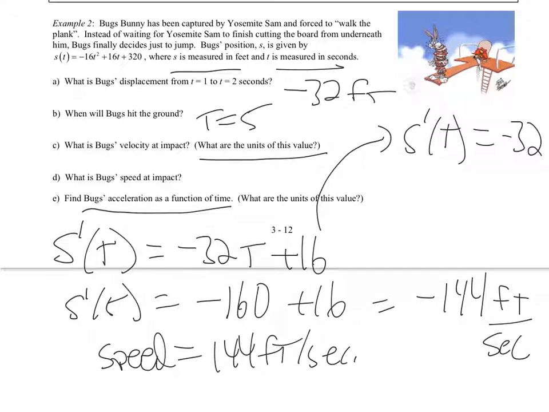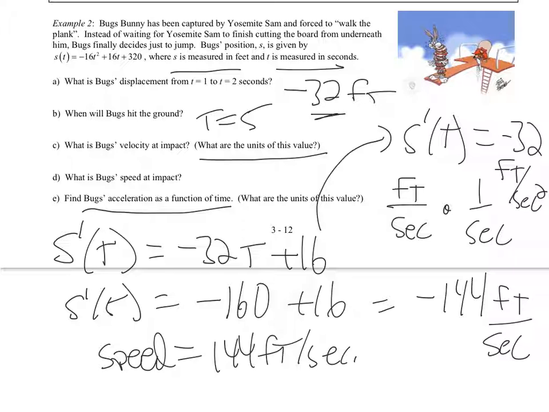Well, we took the derivative with respect to time, so originally it was feet per second, and now we're taking the derivative of that again per second. So feet per second squared is the unit here, and notice that this is just a part of this function. It won't always be this. So feet per second squared. It is the acceleration due to gravity, though, from free fall.